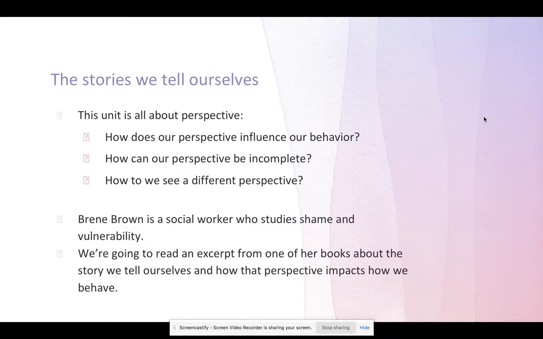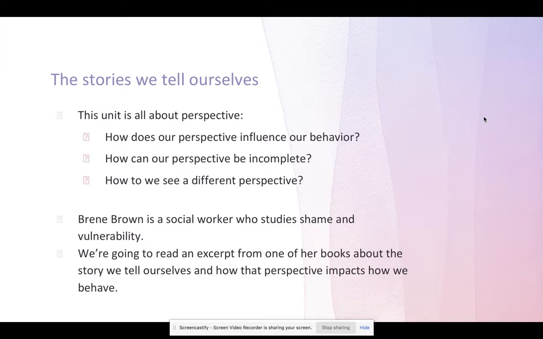So one of the things we're talking about today is that we actually tell ourselves stories, and those are part of our perspective, right? We're going to be looking at a woman named Brené Brown. She's a social worker. She studies shame and vulnerability. She's super smart. She's discovered some really amazing things.